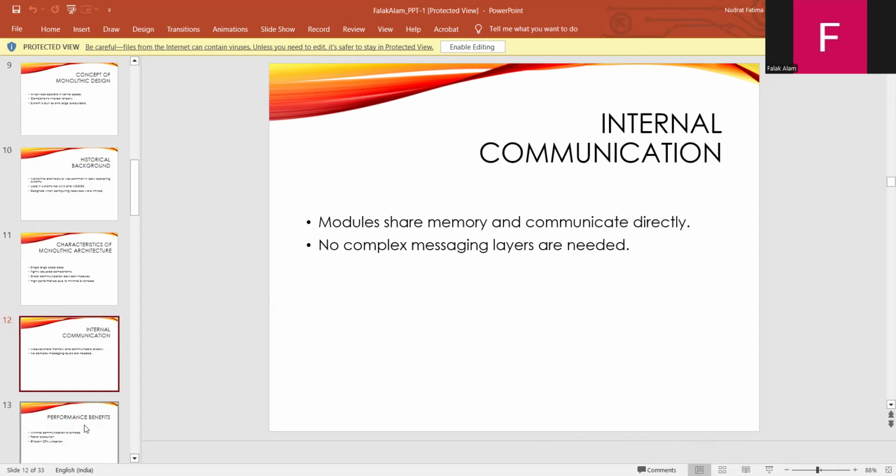However, this also means that the modules are not isolated from each other. If one module fails or contains a bug, it can affect other modules and it is possible that it may result in a crash in the entire system.